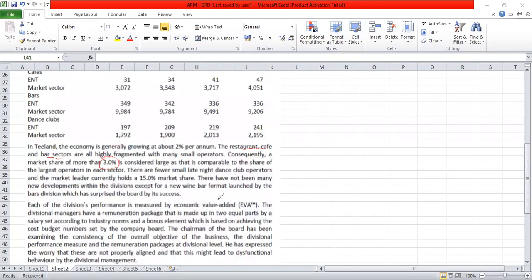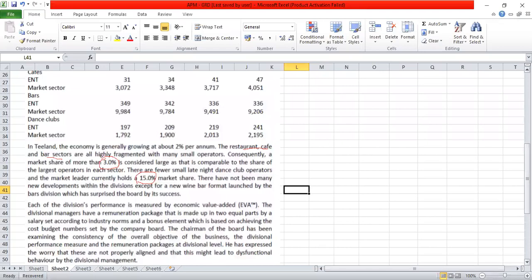There are fewer small late night dance club operators, and the market leader currently holds a 15% market share. So for the dance club, the calculation should be compared with 15%. So that is how we would be doing the market share.